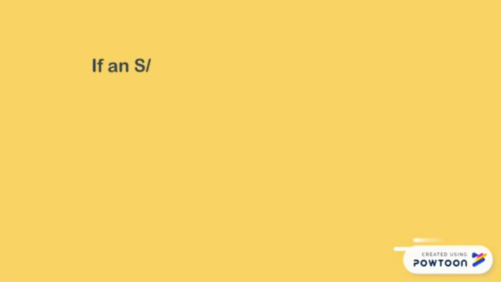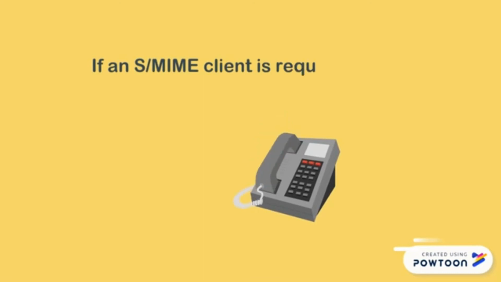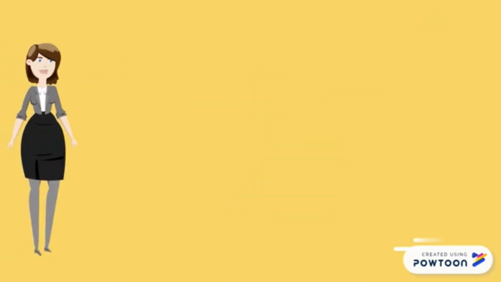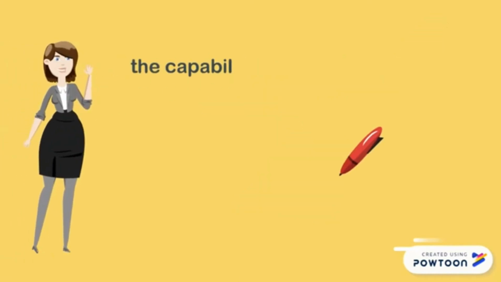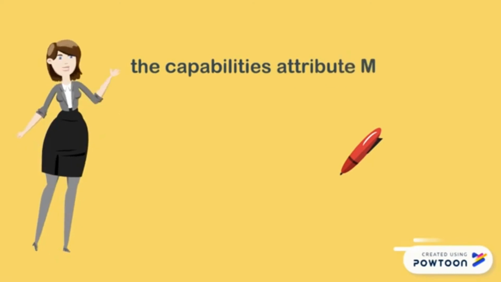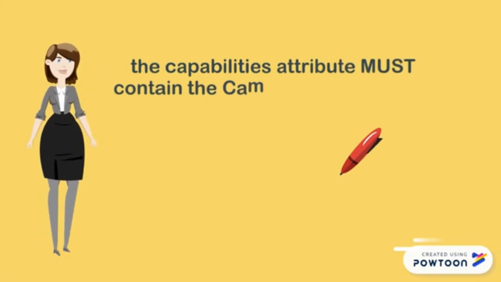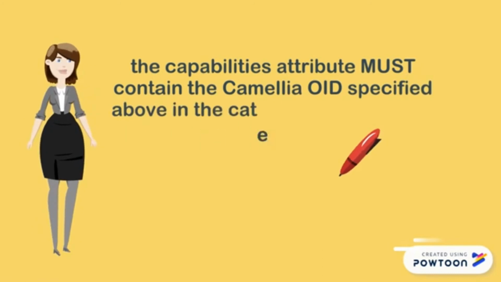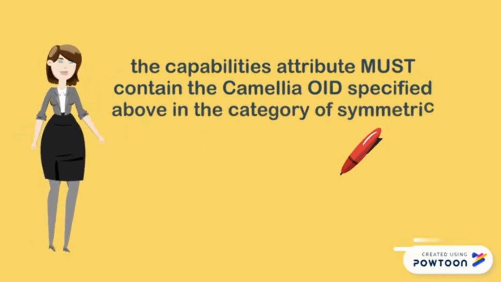If an S/MIME client is required to support symmetric encryption with Camellia, the capabilities attribute must contain the Camellia OID specified above in the category of symmetric algorithms.